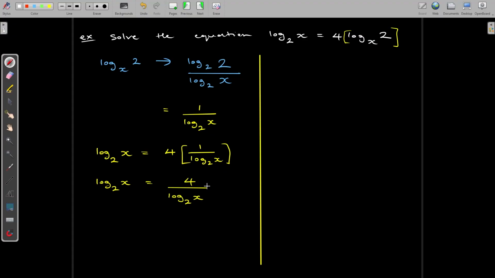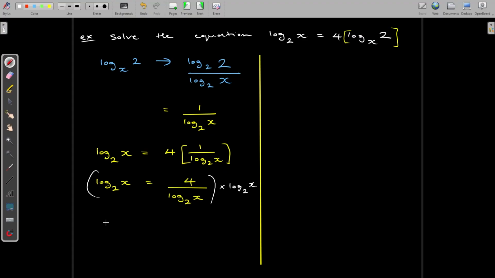Do you want to get rid of it? You want to get rid of both of them? Well, we want to get rid of the one in the fraction down here. So you would multiply. Alright, so let's multiply both sides by log base 2 of x.